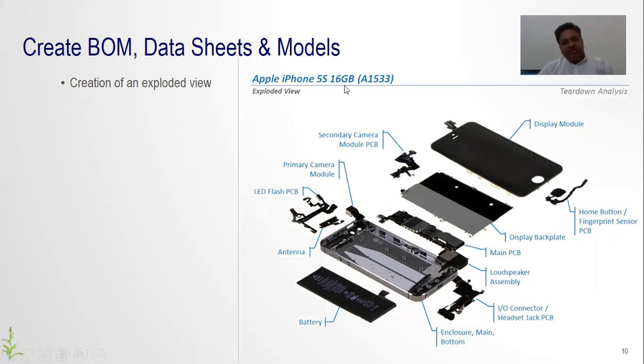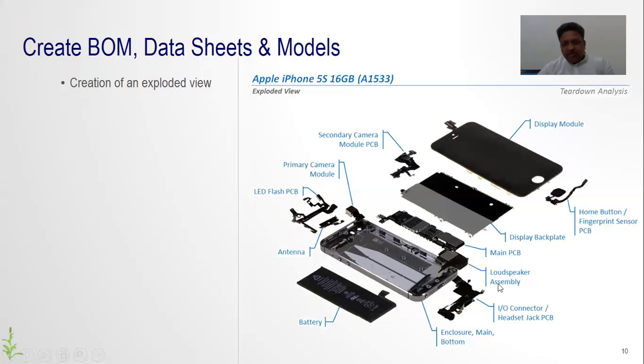The Apple iPhone 5s 16GB is the product, and you are seeing its exploded view. Here is the display module, which is in front of you all the time. Beneath that, there is a display backplate, and below that, the home button and fingerprint sensor PCB, and above that, the secondary camera module PCB, and beneath that further, the main PCB.